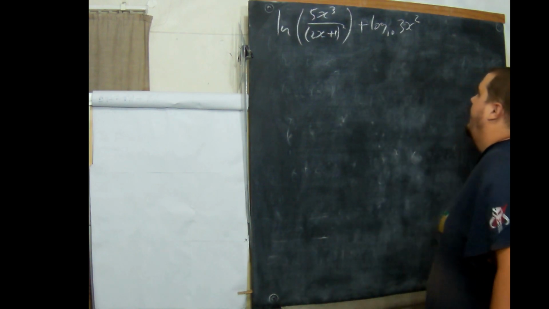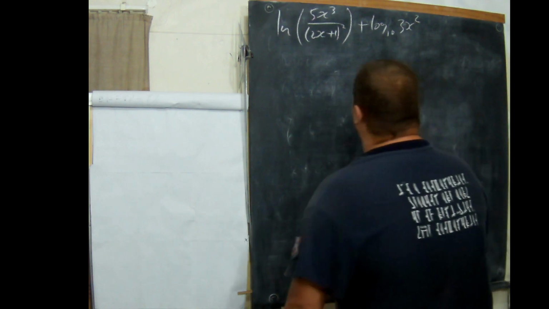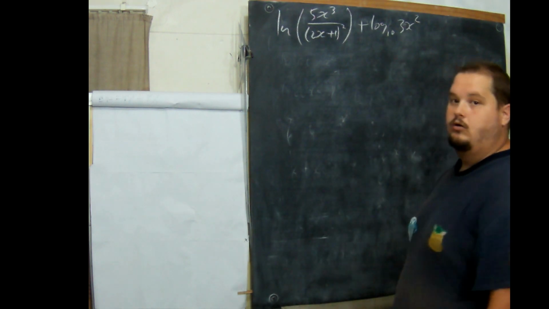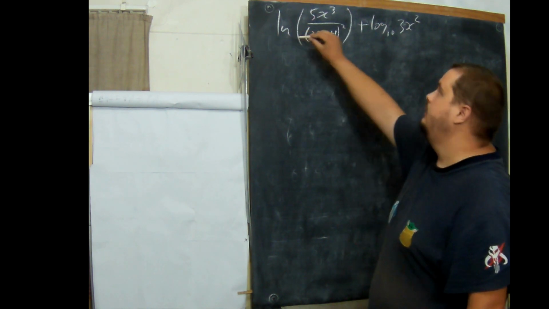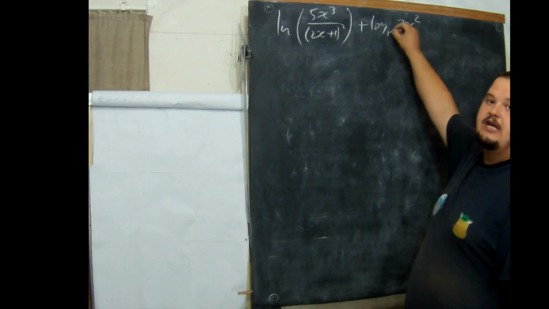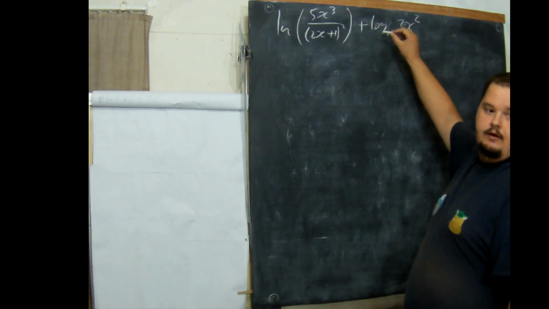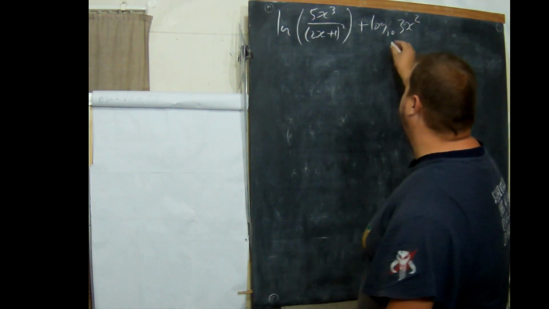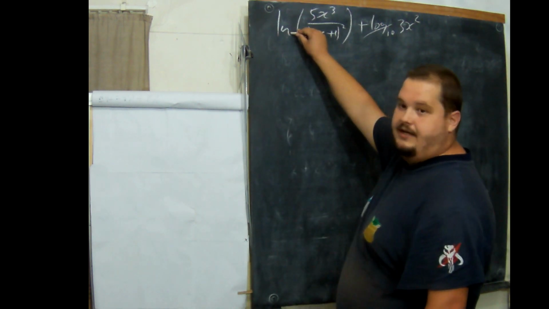Now, how this works is we do not use the chain and quotient rule in this. What we use instead is our log laws. This ln is a natural log, but log to the base 10 is equal to 1, so the log 10 disappears and 3x squared stays.